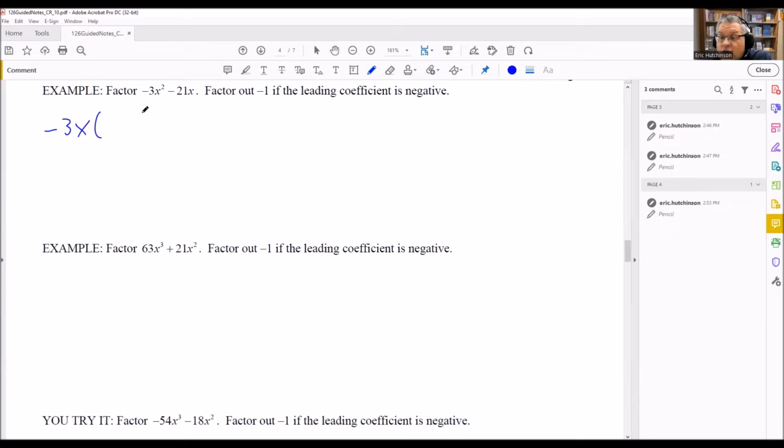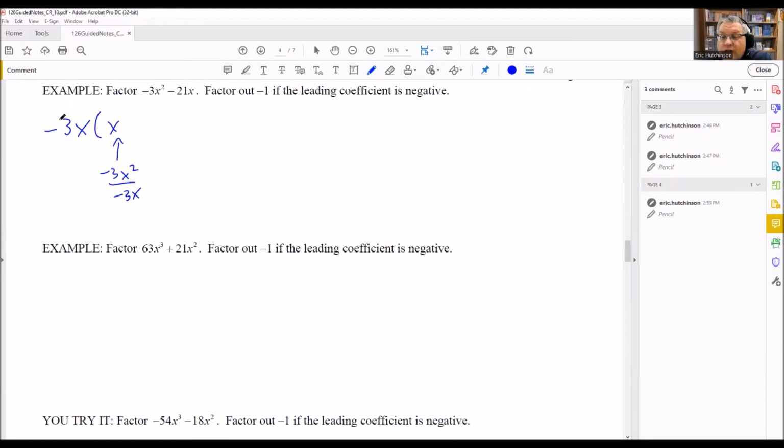To find out what goes inside the parentheses after you factor that out, you're going to do division again. So we're going to take -3x squared, which is the first thing we see here, and we want to divide it by -3x. That was our GCF. If you divide this, the -3's cancel out, and if you have x squared divided by x, we're just going to get 1x left over inside.